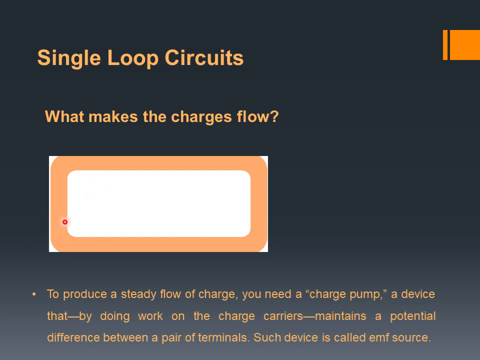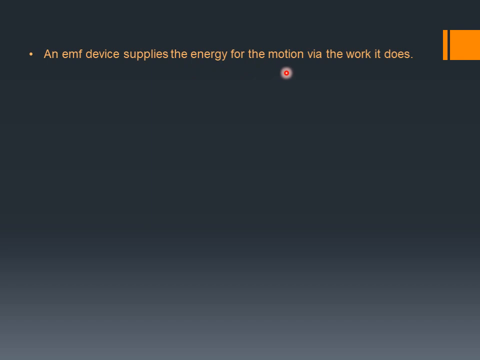We will discuss the EMF source in detail, but the point here is that we need a source of EMF which can pump the charges. So an EMF device supplies the energy for the motion via the work it does.